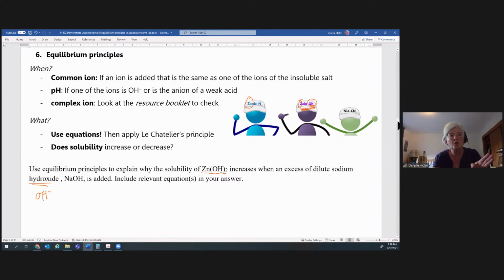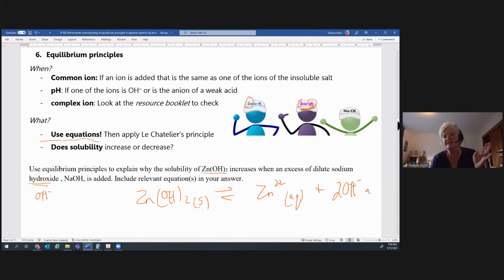So always use equations. Start off with equations. So what we've got is your original one of your zinc, and I will put in my states, to OH minus. Okay, but you have the other equation because hopefully you would have thought of this.